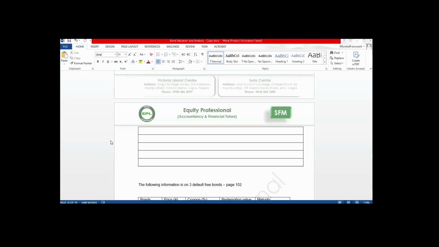While we are waiting for others to join, let us look at the recap of our last two classes on bond valuation. We explained that a bond is a debt instrument that establishes a relationship between the borrower and the lender.